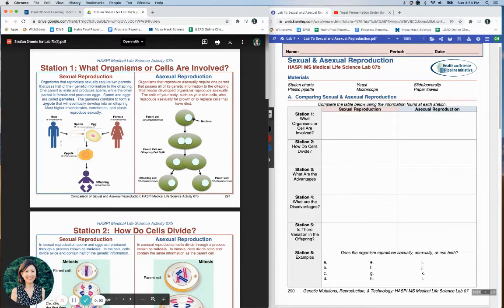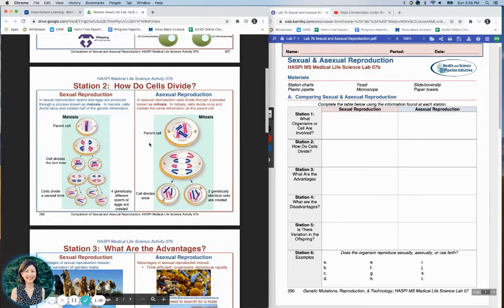If you read this information, you can see that sexual reproduction requires 2 parents, and the cells that it produces are sperm and egg cells, or gametes, because they each have half of the genetic information, half of the chromosomes. Whereas in asexual reproduction, you only need 1 parent, and that parent passes on all of its genetic information and essentially makes a copy of itself, makes a clone of itself.